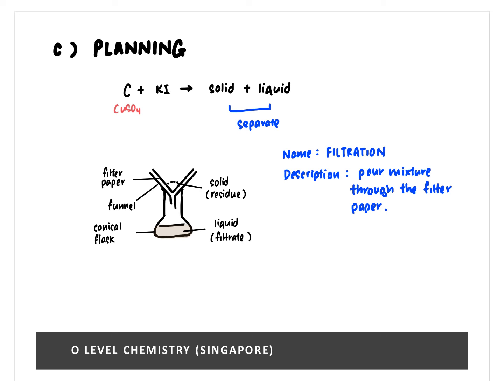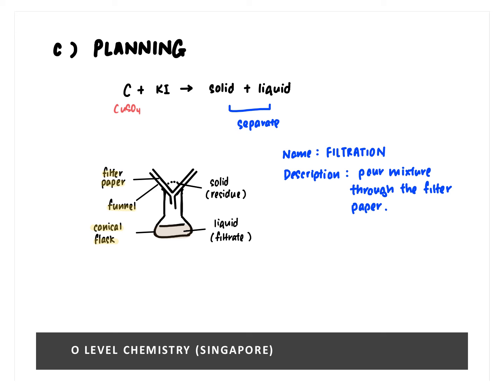So you need to draw a setup for filtration, and in your setup you can show that the solid is collected as the residue, and your liquid is collected as the filtrate. Do remember to label your apparatus clearly, as to what you need in the setup for filtration. Description, I think, is largely covered in the diagram.